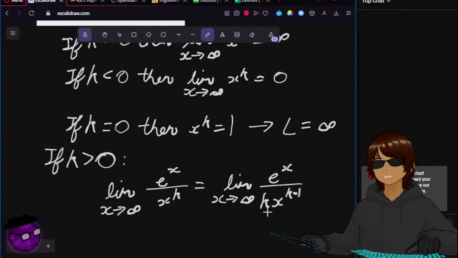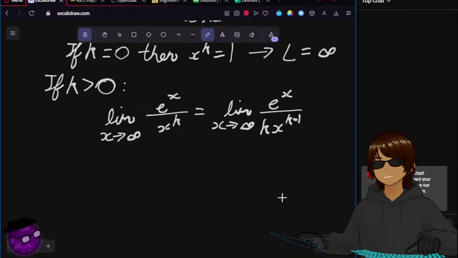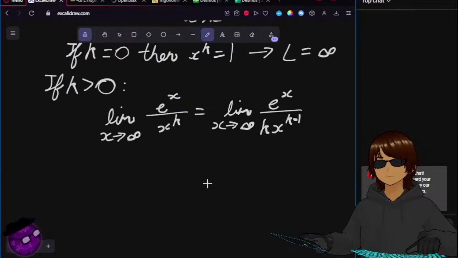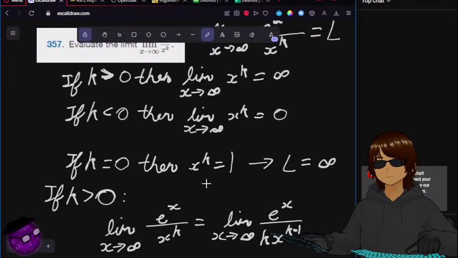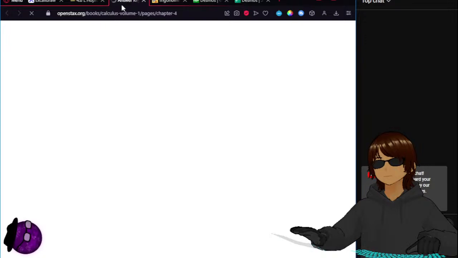If k is 1, then we have infinity over infinity case all over again. No, I mean, if k is 1, then if k is more than 0, if k is more than 1, this would be positive, right? But then we have the infinity over infinity case all over again.